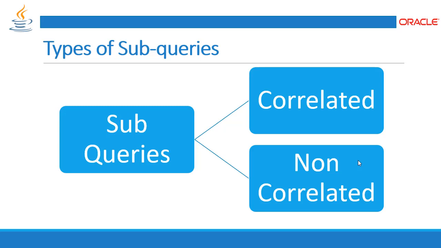And when it comes to the non-correlated, it can be considered an independent query, and the output of the subquery is substituted in the parent query, the main query. That will be easier to understand when we actually work in a demonstration.